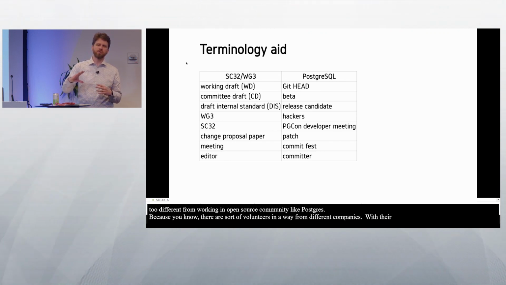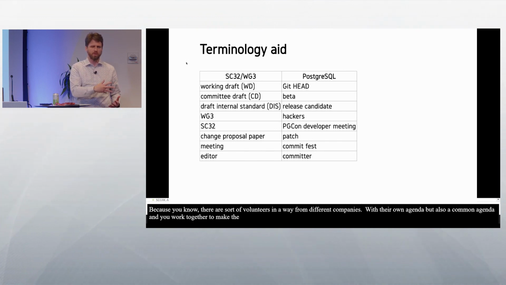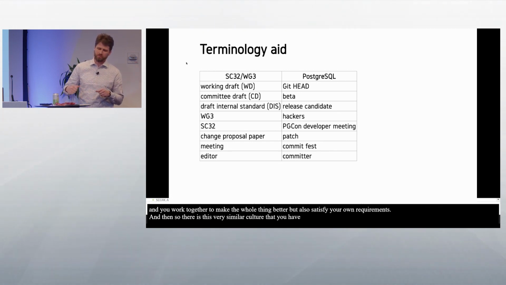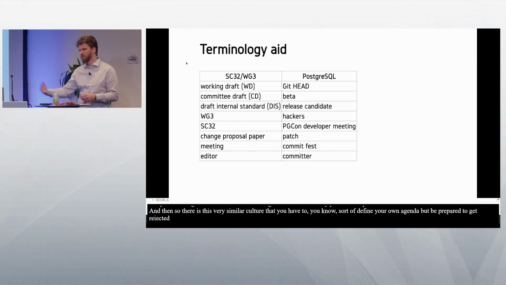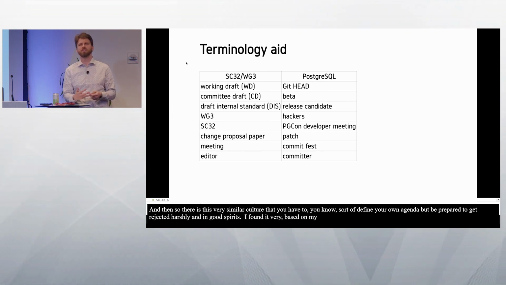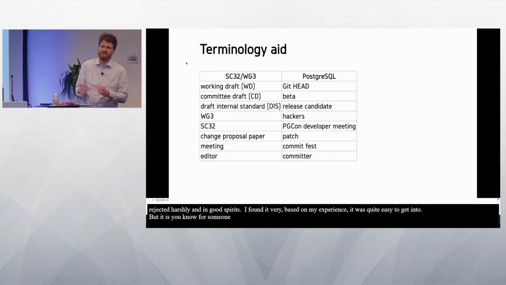You try to work together to make the whole thing better, but also satisfy your own requirements. There's a very similar culture: you have to define your own agenda, but be prepared to get rejected harshly, but in good spirits. Based on my experience, it was actually quite easy to get into, but for someone who is just expecting an office environment, it's not the same thing, right?